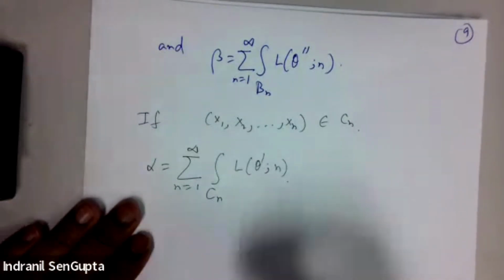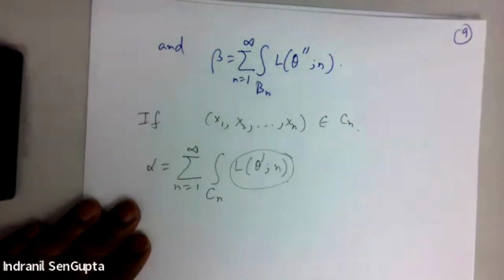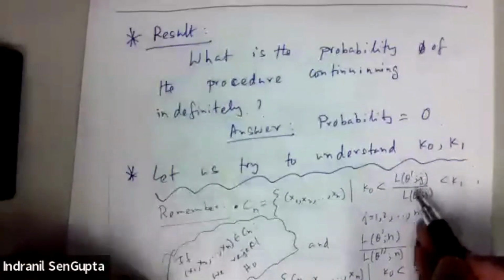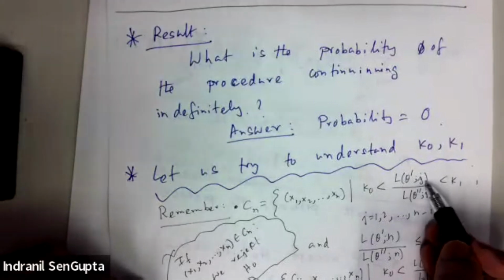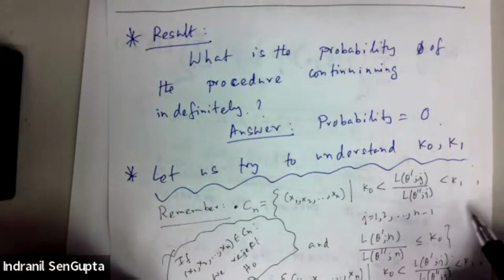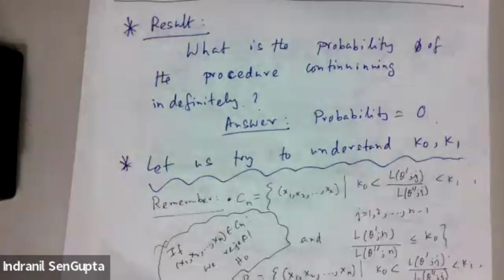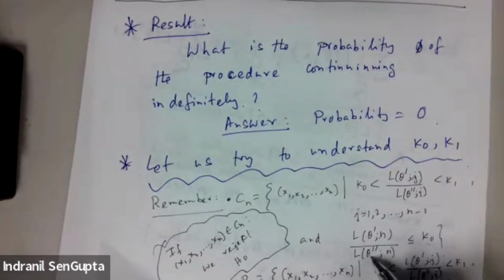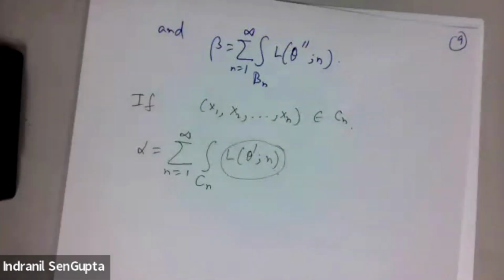But when you are in this region Cn, L of theta prime n is less than k0 times L of theta double prime n, right? That's how this Cn is defined.